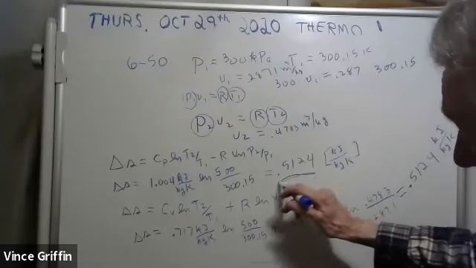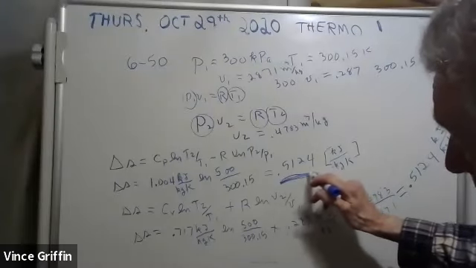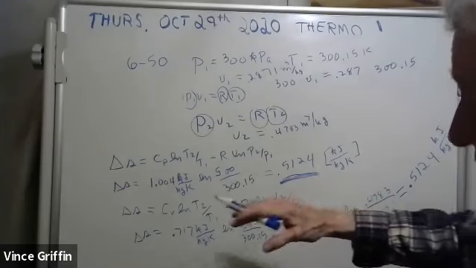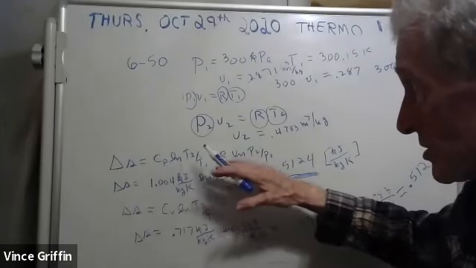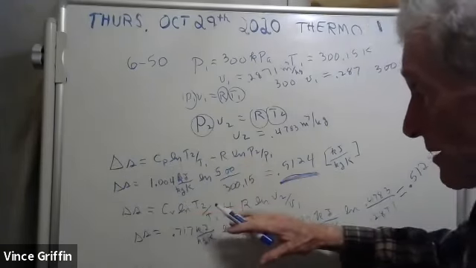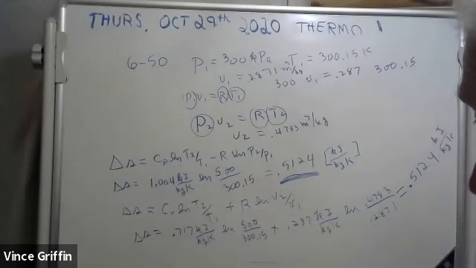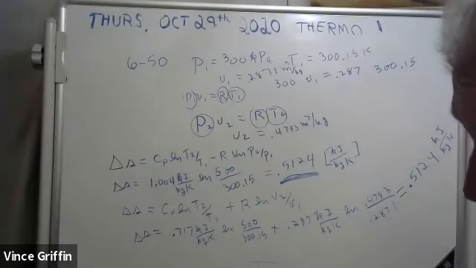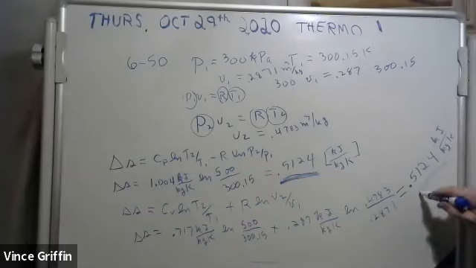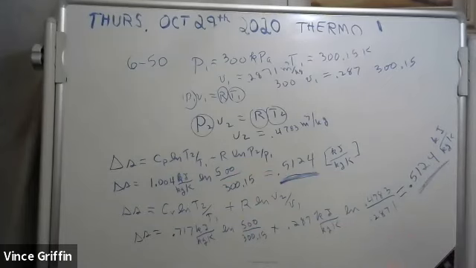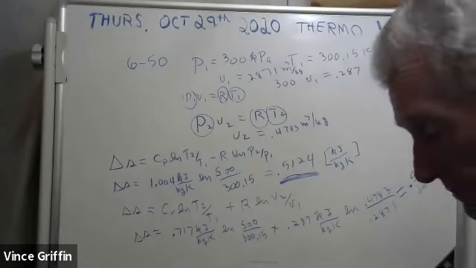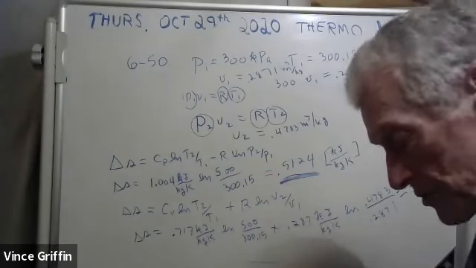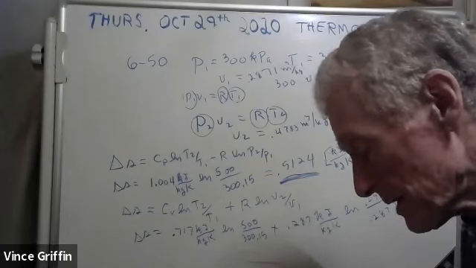Because look, we already did it a different way. I'm just trying to show you that these equations give you the same answer. I showed you where those equations came from. They give you the same answer. That's the change in specific entropy. That was good that we did that.